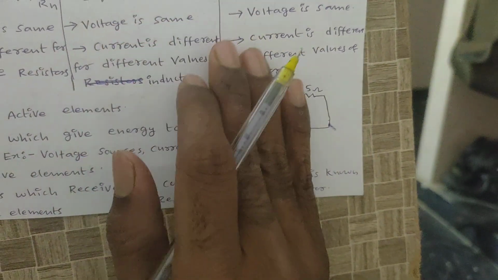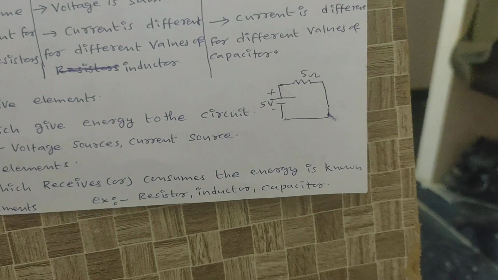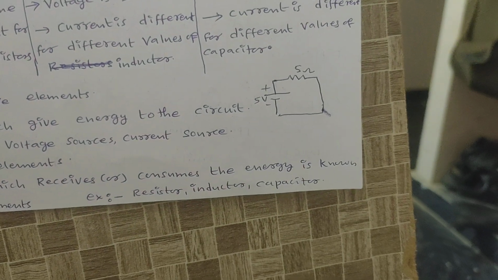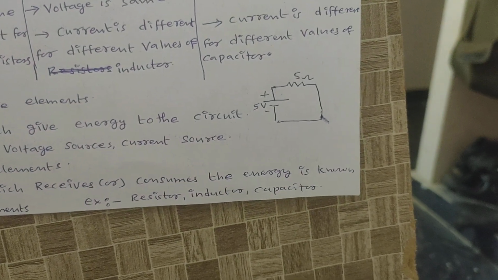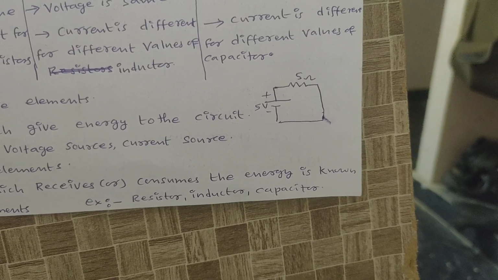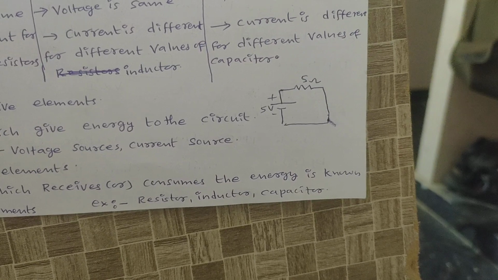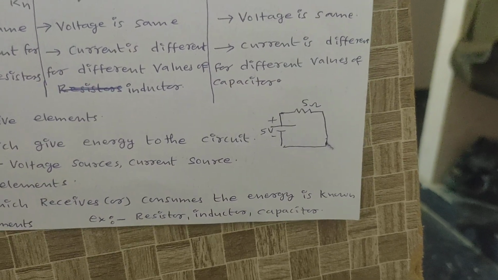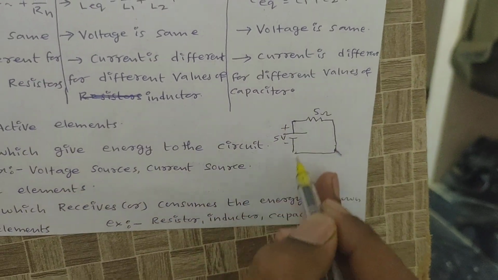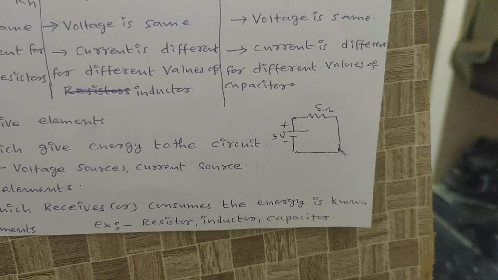Without this source there is no energy. Energy is power into time. Power is the product of voltage and current. Current is flowing because of the presence of voltage only. Without voltage, no power or no energy. So which is giving the energy to the circuit here, the voltage source or current source.